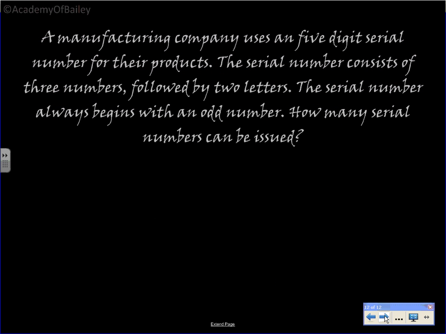And let's look at one more here. This says this manufacturing company uses a 5-digit serial number for their products. The serial number consists of 3 numbers followed by 2 letters. The serial number always begins with an odd number.